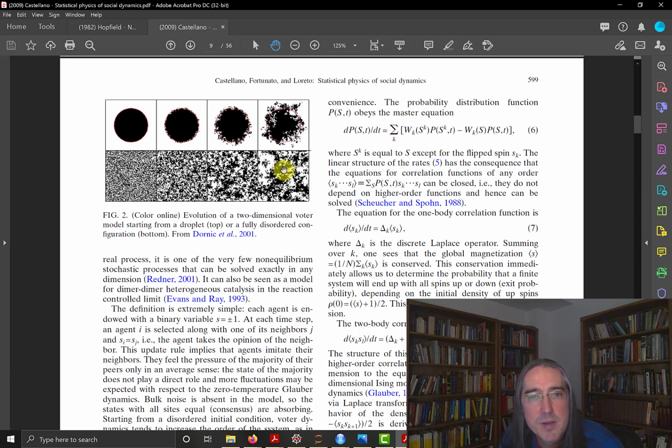Like here's a big domain of the black opinion, and here's a smaller domain, right? Here you can think of this as a very big domain with an intrusion of the other opinion, and so forth. Very, very much like what we talked about with the Metropolis algorithm.